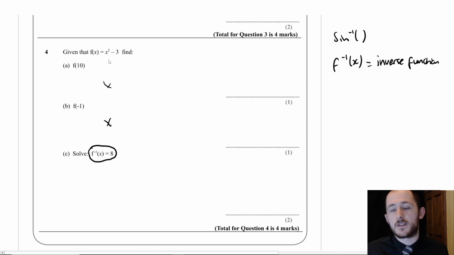So it's helpful to ask, how do I go back and get the original numbers? If I'm taking x, squaring and minusing 3, how can I get back to what x was? That's what the inverse function does. If a regular function takes inputs and gives you outputs, the inverse function takes outputs and gives you the inputs that you would need to put in. Okay? Does that make sense?